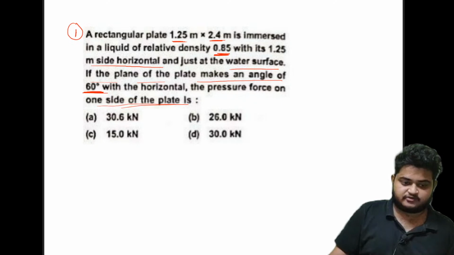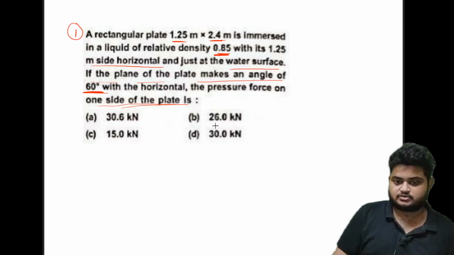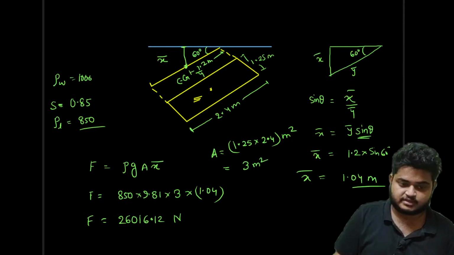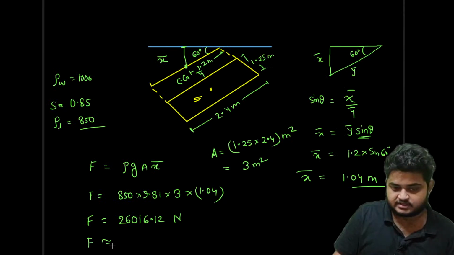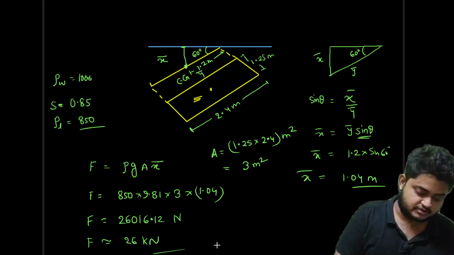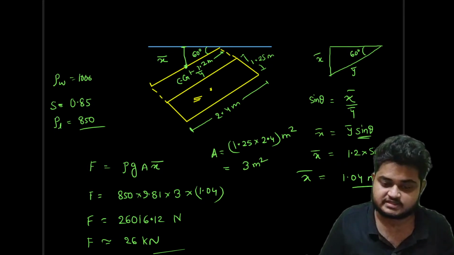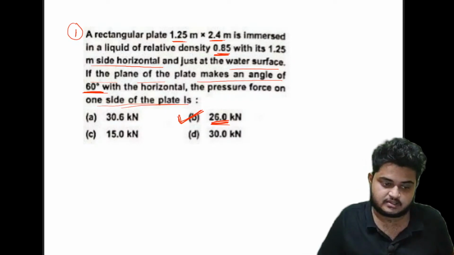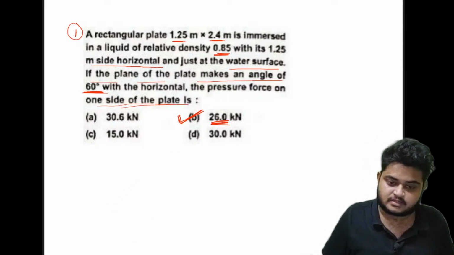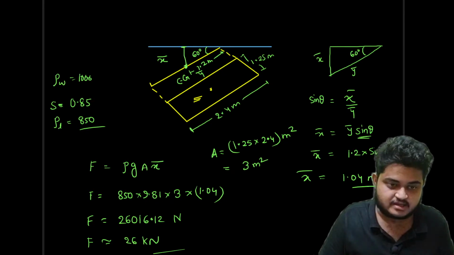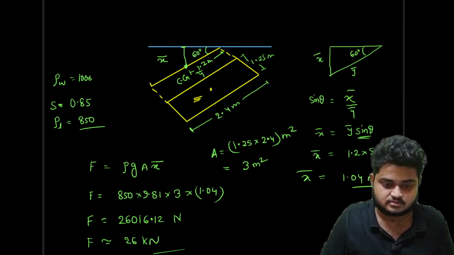But the options are given in kilonewton. So 26 kilonewton is the answer, which is somehow close to this answer. So we can write this as approximately 26 kilonewton. So this is the solution. For the first question, we have the answer as 26 kilonewton. Okay, I think this would be clear to all, and let us move to the next question.